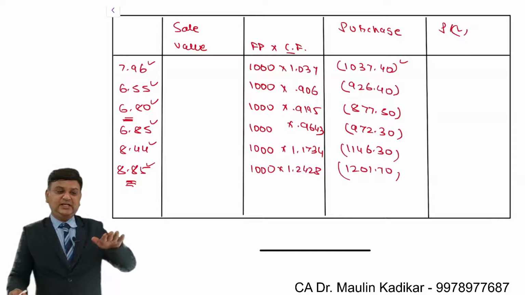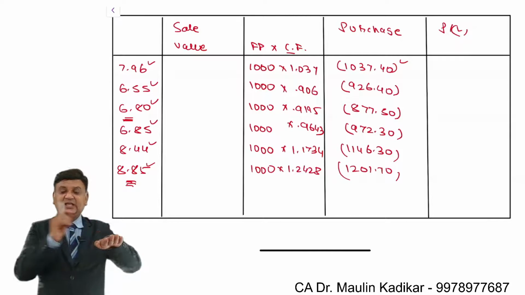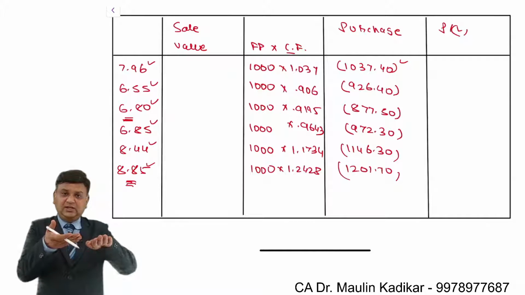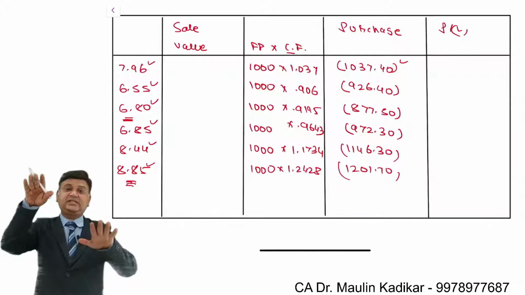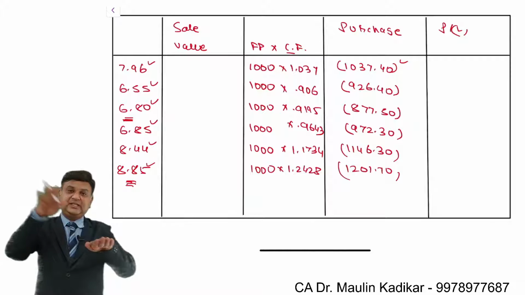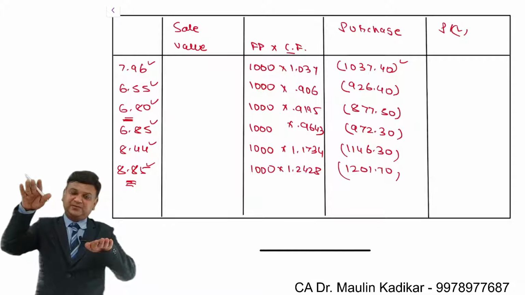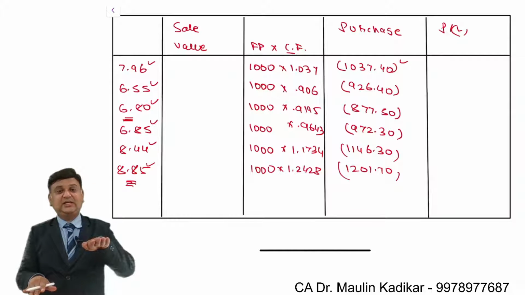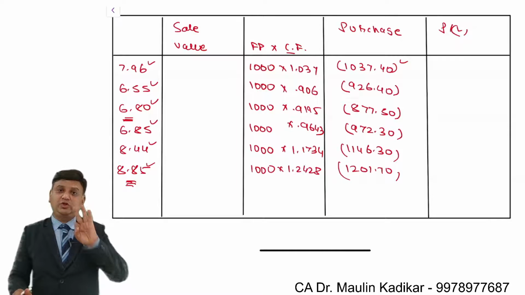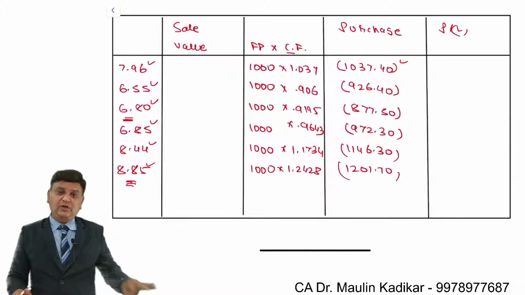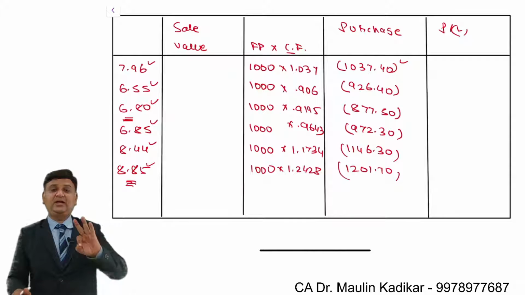That is the reason I give delivery of something else instead. If that security is better than the security for which the transaction was entered upon, then the conversion factor will be more. And if it is less, then the conversion factor will be less. This conversion factor is specified by the National Stock Exchange only.